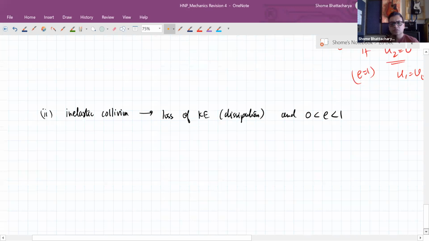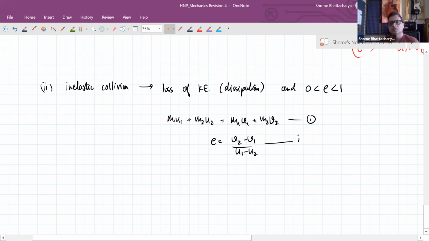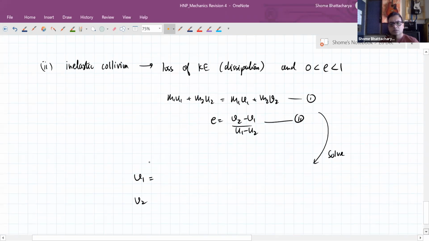So if E is known, then we can always use this formula that m1 u1 plus m2 u2 is equal to m1 v1 plus m2 v2, and E is equal to v2 minus v1 upon u1 minus u2. So in a situation where the value of E is known to us, we can use these, solve, and that gives us the direct formulae, which are slightly adapted versions of the above formulae.